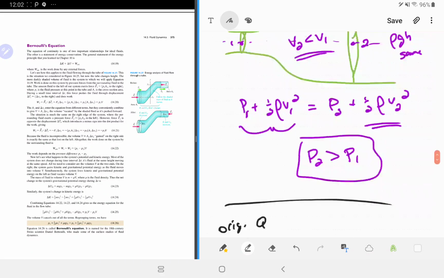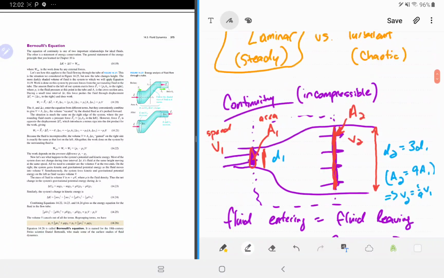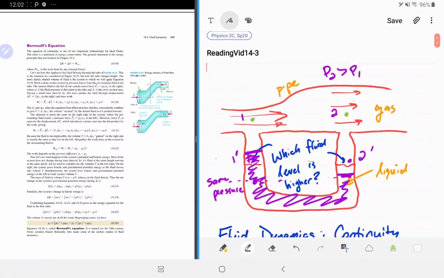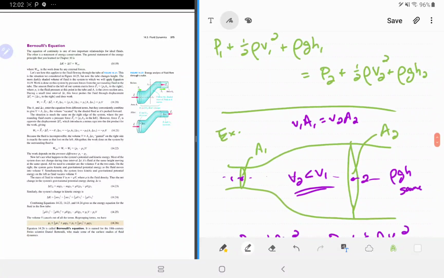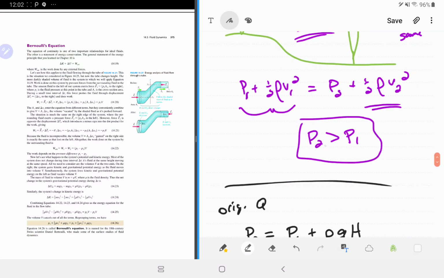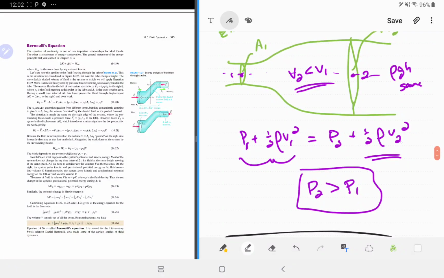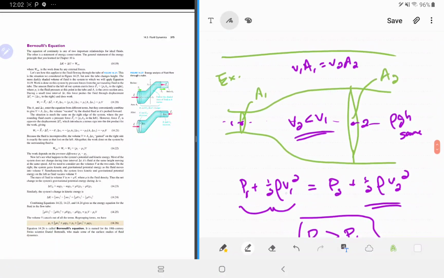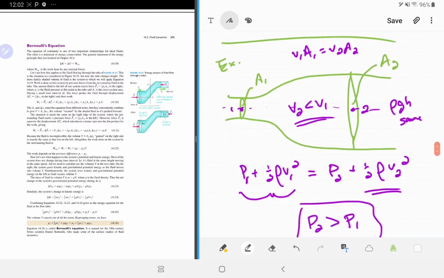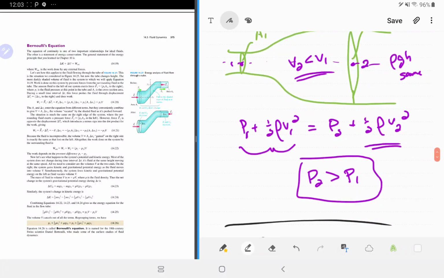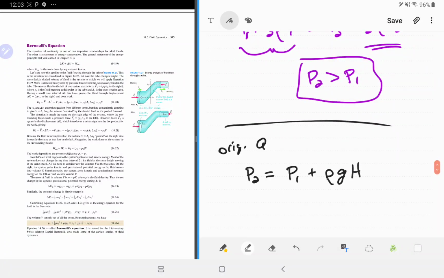So maybe just capital H, where capital H is this distance right here. So the pressure here plus rho gH is equal to the pressure right here. And that's how you can solve for how big this is. So you could actually solve for p2 minus p1 if you knew something about the velocities, v1 and v2, and you knew something about the density of the fluid in the flow tube. You could actually solve for p2 minus p1 and then plug it in right here into this equation and solve for H.